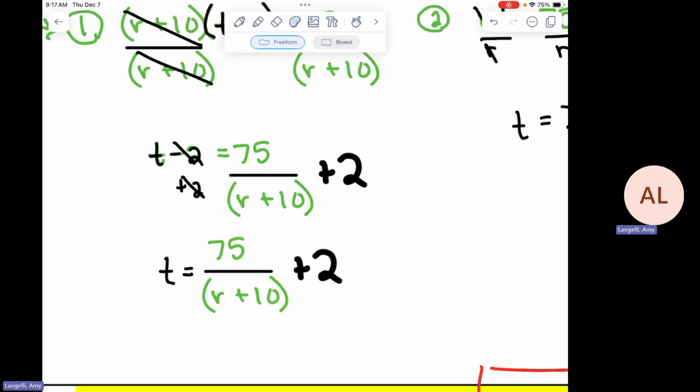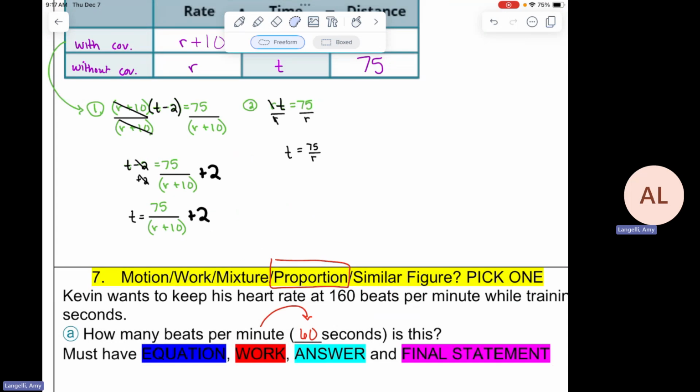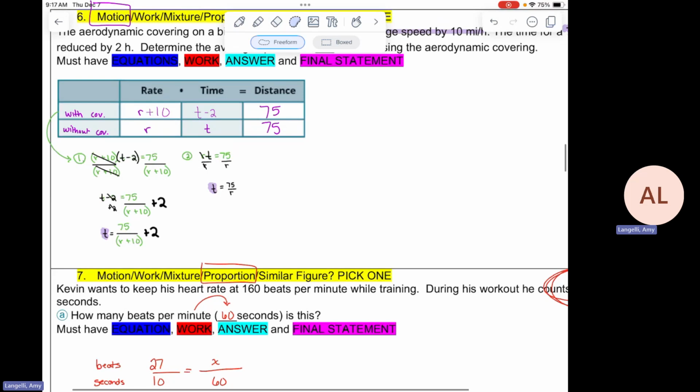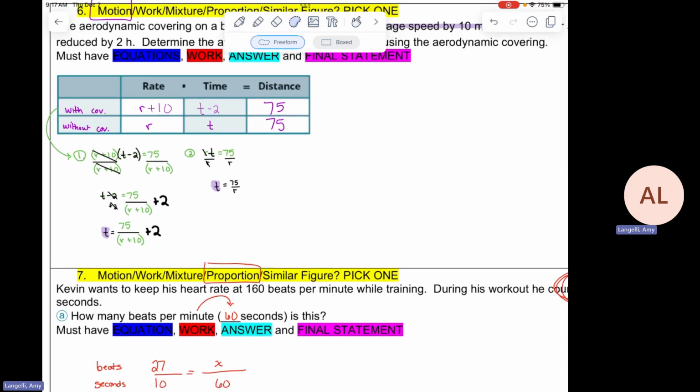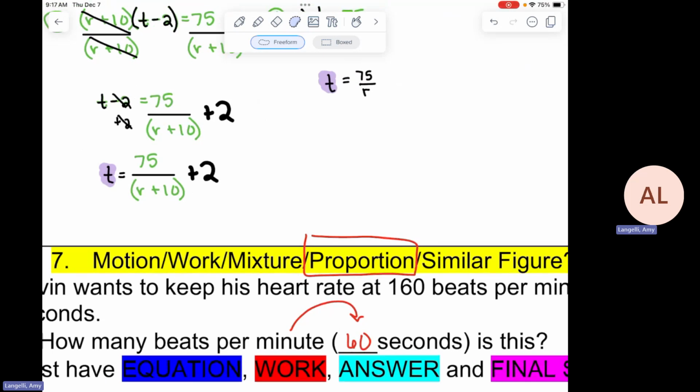All right. Now, we get our equations, we isolate T, see how T's by itself. Well, by the transitive property, what statement can we make? It's really like substitution. What statement can we make by the transitive property about these two things?